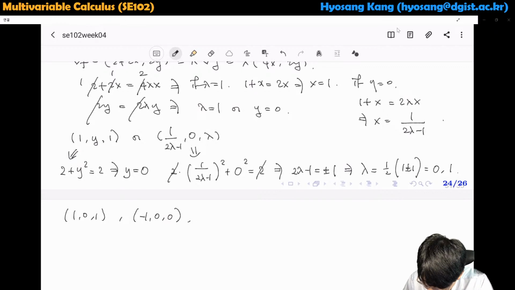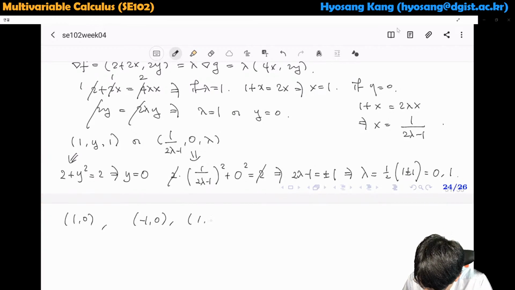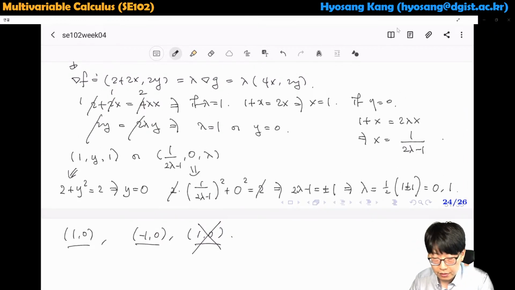Let's forget about the lambda parts, I just want the xy coordinates. And when lambda equals 1, I have (1, 0). Oh, I get the same thing here again. So I can just think about these two points as candidates for local extrema.